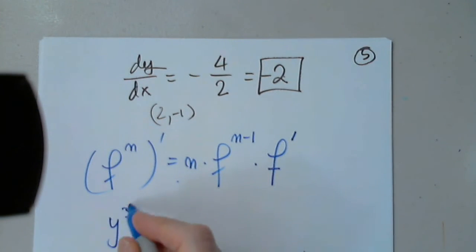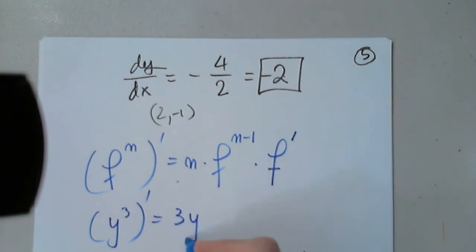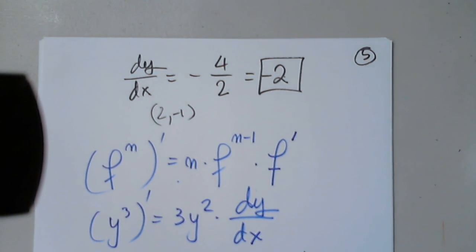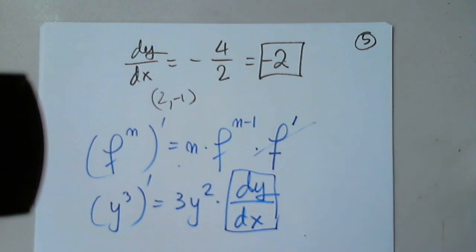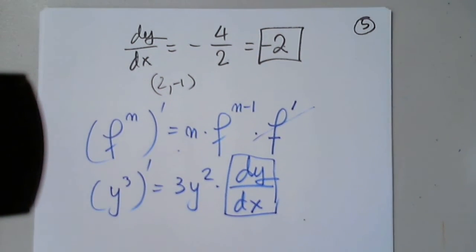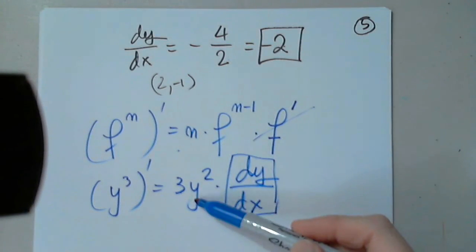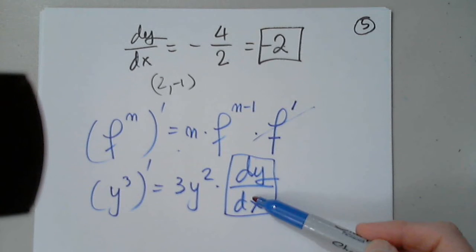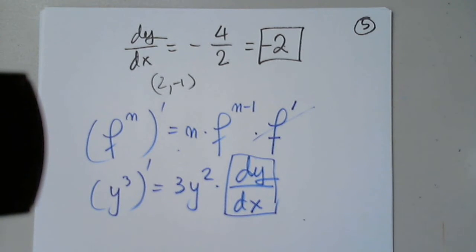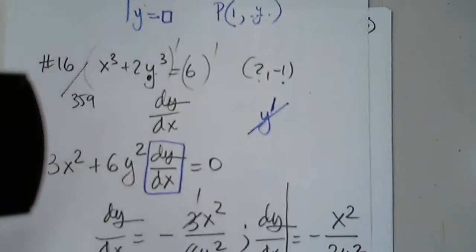So y to the third prime will be 3y squared times the inner function prime. So this is 3, this is y to the 3 minus 1, which is 2, and this is the inner function prime. Is that okay? Yeah, that makes sense. Excellent. Good, perfect. Other questions here?